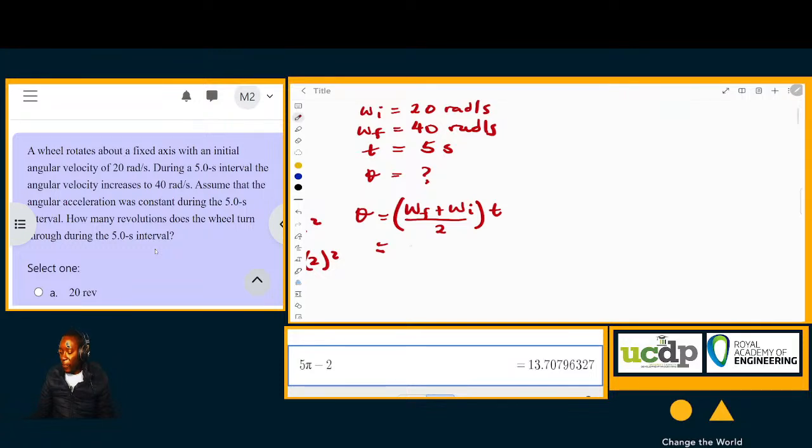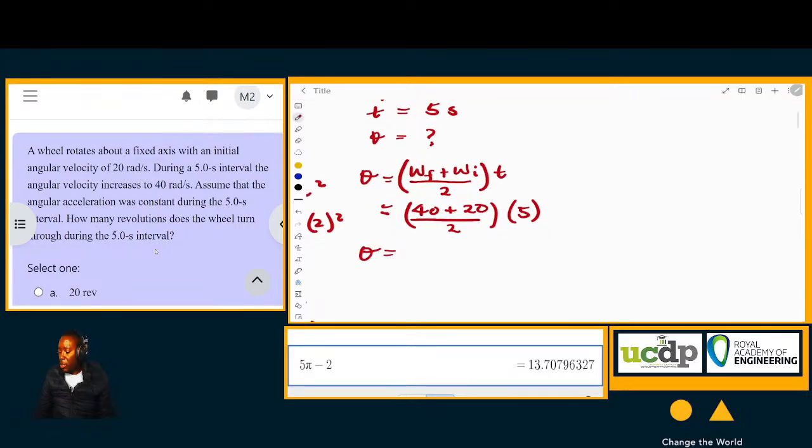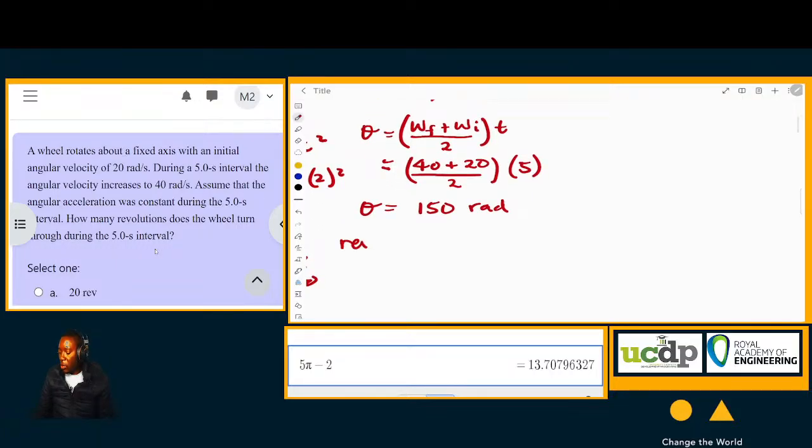So you better identify something that saves you time. But anyway, it's an easy equation. Omega final, 40, plus omega initial, 20, everything after adding divided by 2 multiplied by 5. So our theta will be equal to 60 over 2, which is 30 times 5, 150 radians. 150 radians is equal to, revolutions will be theta over 2 pi.